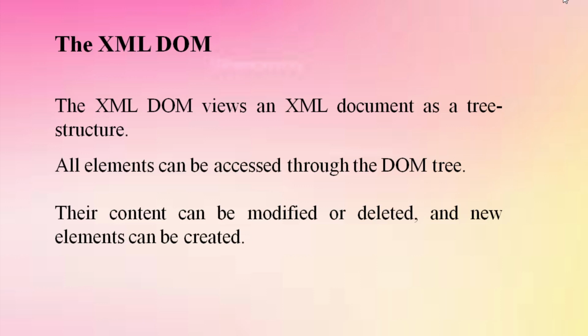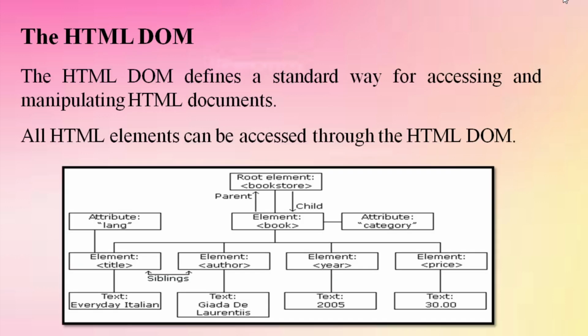The XML DOM defines a standard way for accessing and manipulating XML documents. The elements, their text and their attributes are also known as nodes. The HTML DOM defines the standard way for accessing and manipulating HTML elements. All HTML elements can be accessed through the HTML DOM.